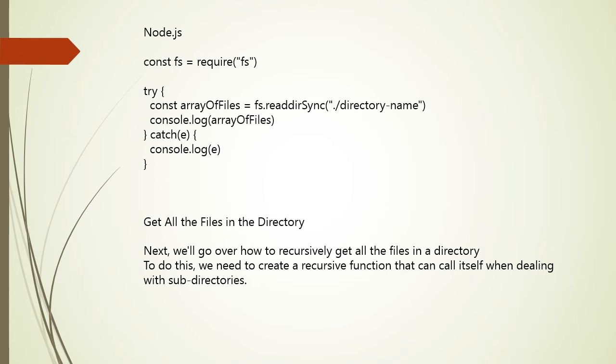To do this, we need to create a recursive function that can call itself when dealing with subdirectories. And we also need the function to go through each of the subdirectories and add any new files it encounters to the list. When the function is finished, it should return an array with all the files it encountered.